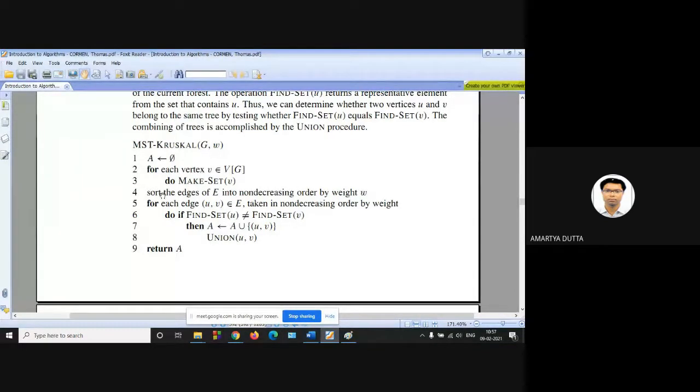Actually, disjoint set data structure is out of scope. No doubt, sir.